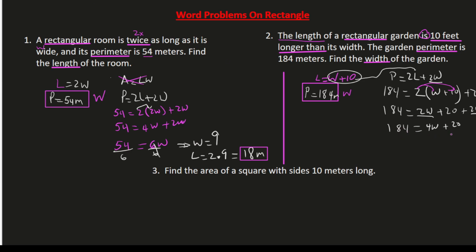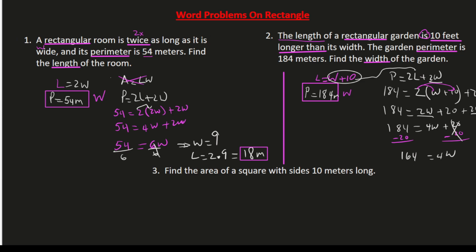We're going to move it to 184. So we take its opposite, minus 20 on both sides, and we do the subtraction. So this is equal to 164. 164 equals 4W. Once we subtract 20, the plus 20 is gone.